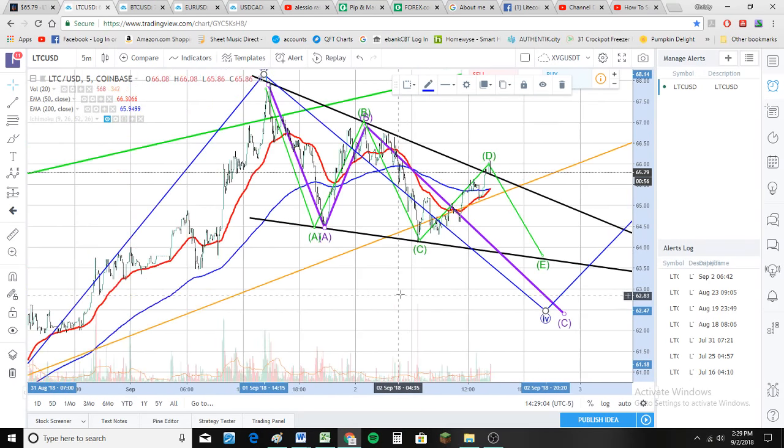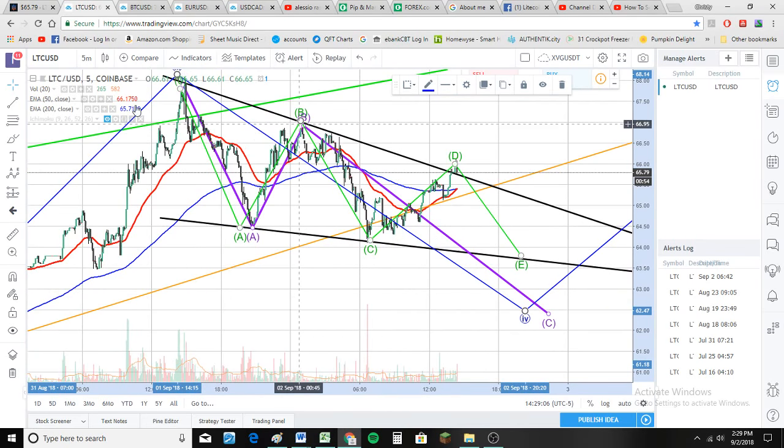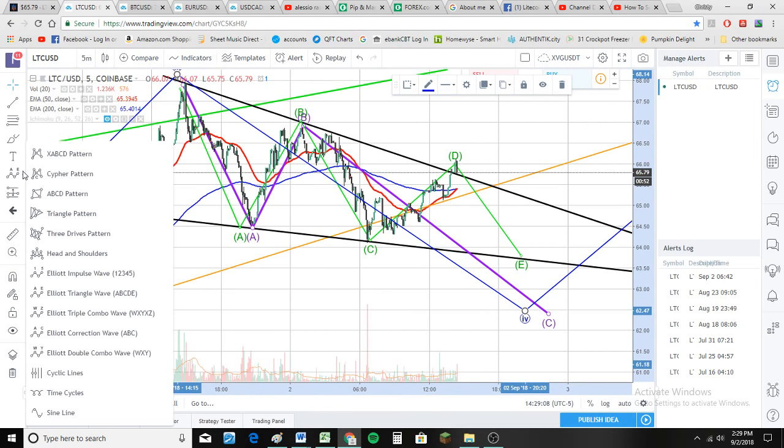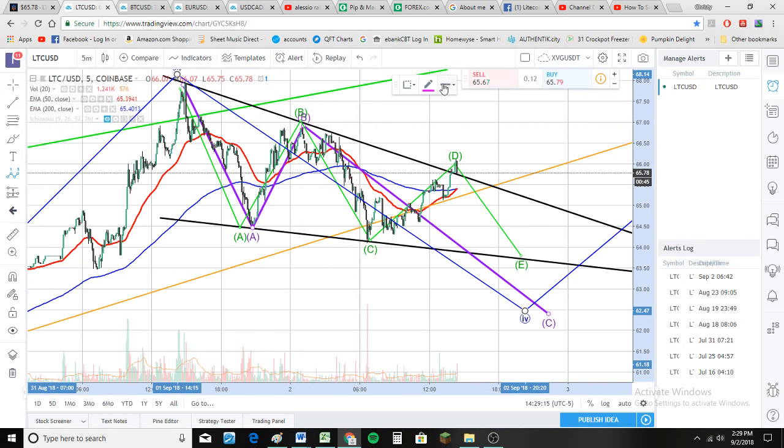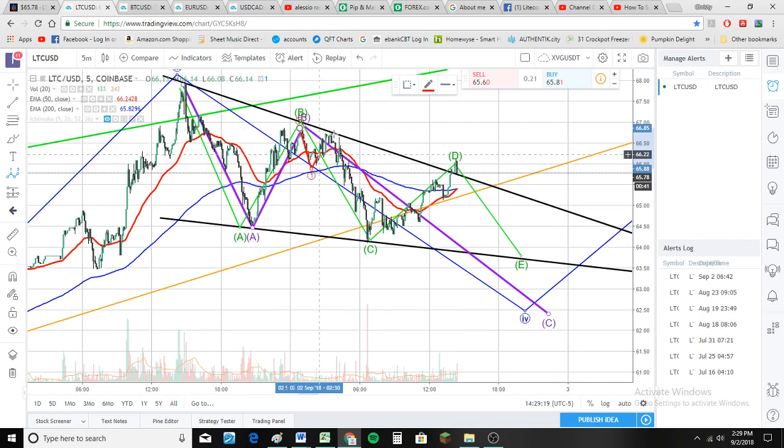That's actually an ABC correction where you have a one wave. Let me see if I can do the count here, and change the colors so it's clear. There's red, there we go. Easy. 1, 2, 3. The 4 wave actually comes up even with the bottom of the 1 wave, and that's very normal.